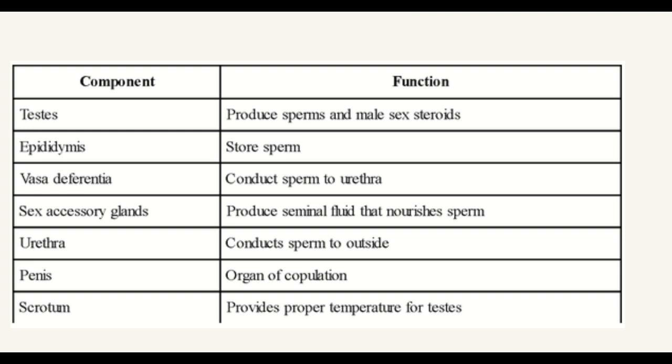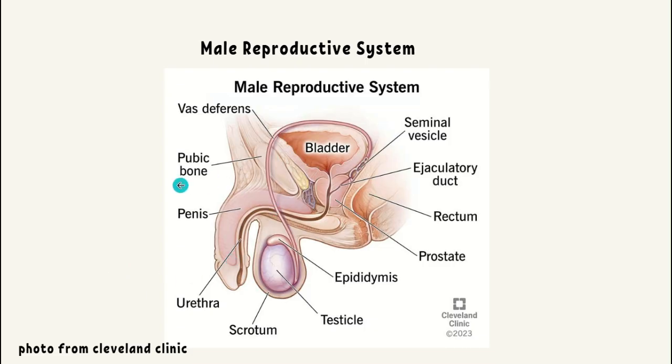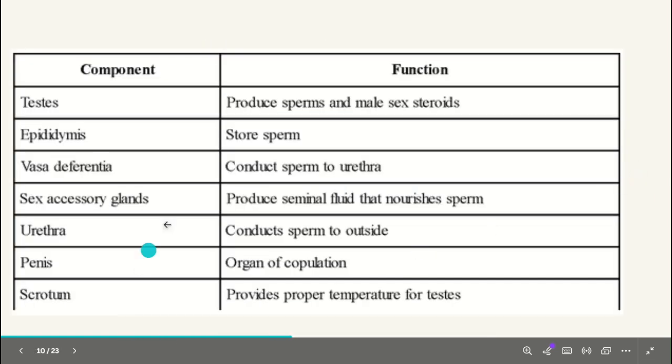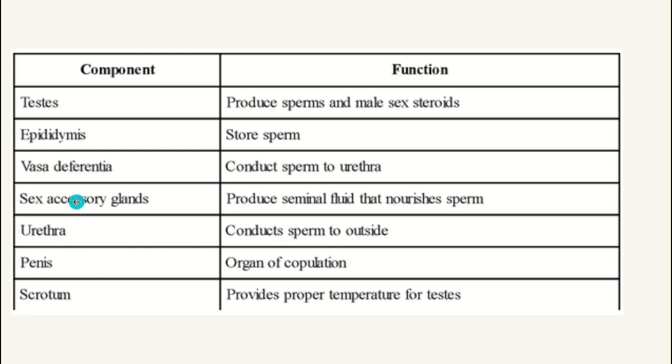You have the urethra, which conducts the sperm to the outside, the penis, organ of copulation, and the scrotum, which provides proper temperature for the testes. So it regulates the temperature. When we say that the penis is an organ of copulation, it basically means that it transfers sperm.